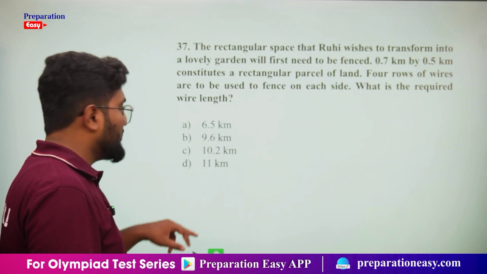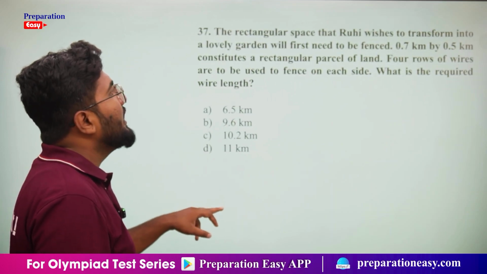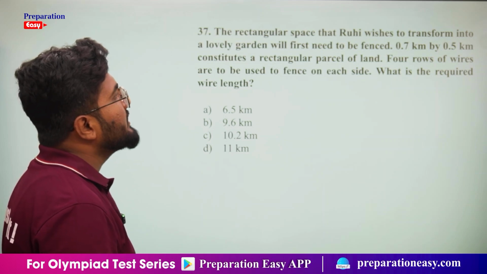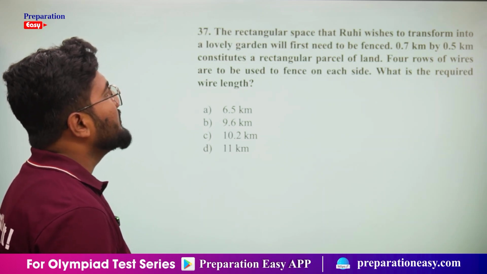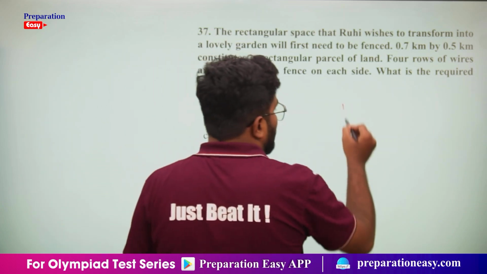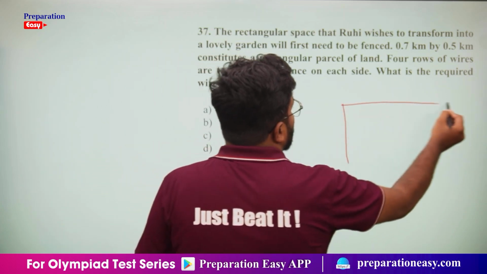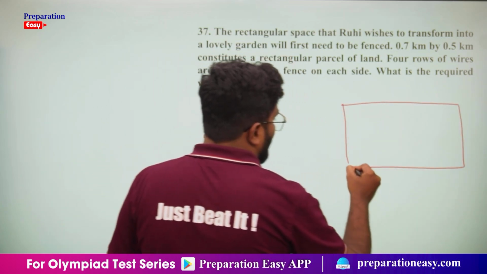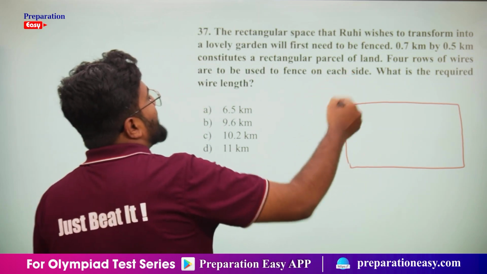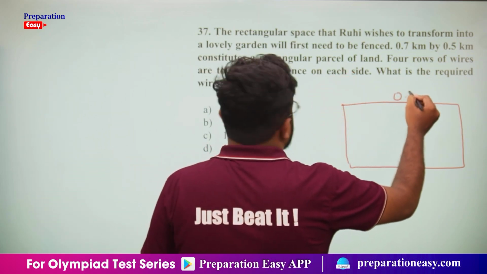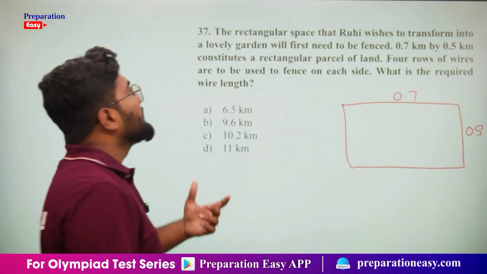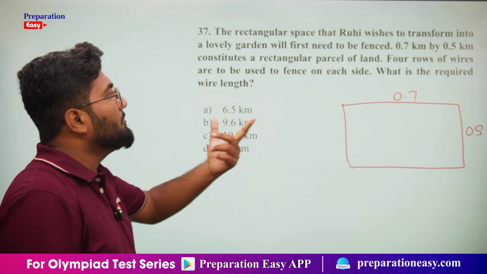Next question, question number 37. A rectangular space that Rushi wishes to transform into a lovely garden will first need to be fenced. This is a rectangular garden, 0.7 kilometer by 0.5 kilometer, a rectangular parcel of land.